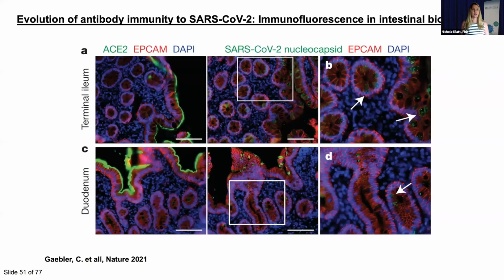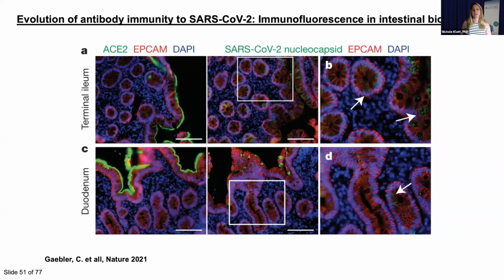There is some data. This is from Michelle Newsom-Swog's Nature paper a few months ago, where they show that you have long-term SARS-CoV-2 replication in the gut. There's also been a lot of gut pathology seen in long-term COVID and during active COVID cases. So there's reason to believe that something might be going on in the GI tract.